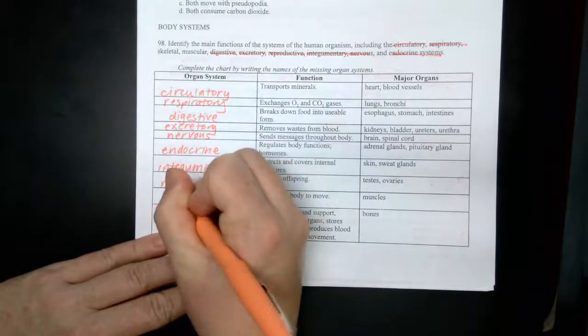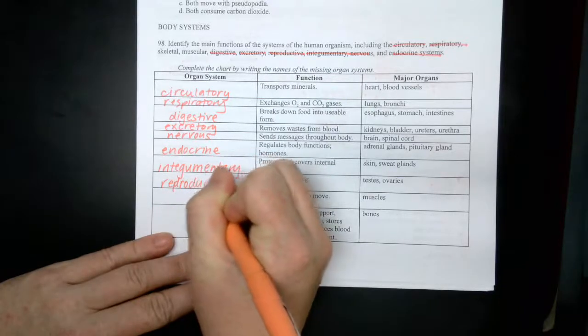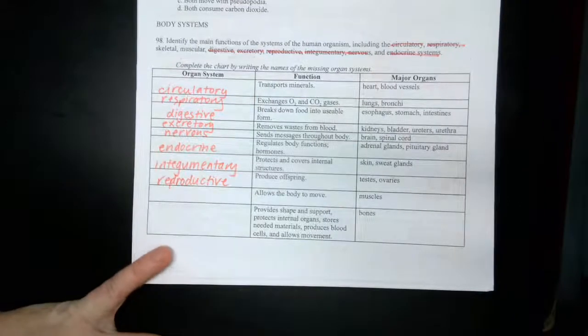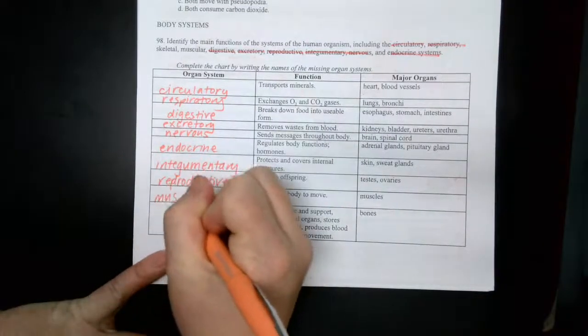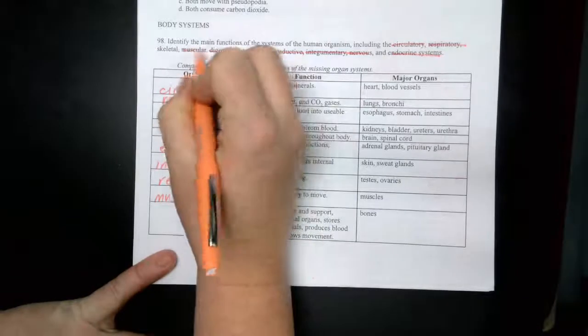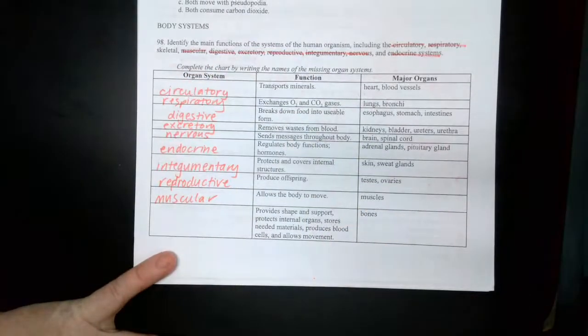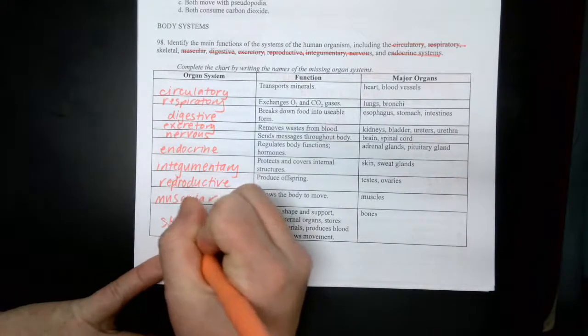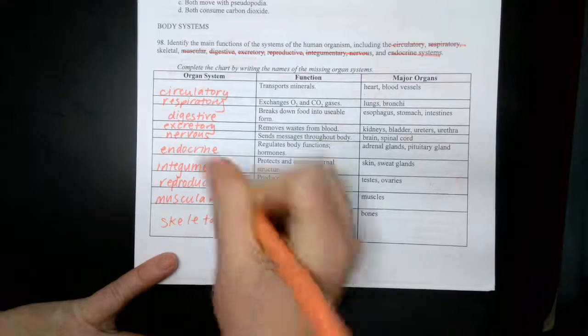We need our reproductive system. It helps the species continue. Allows the body to move. Our muscles are part of our muscular system. And then shape and support, protecting internal organs, storing needed materials, making blood cells, allowing movements. Our bones are part of our skeletal system.